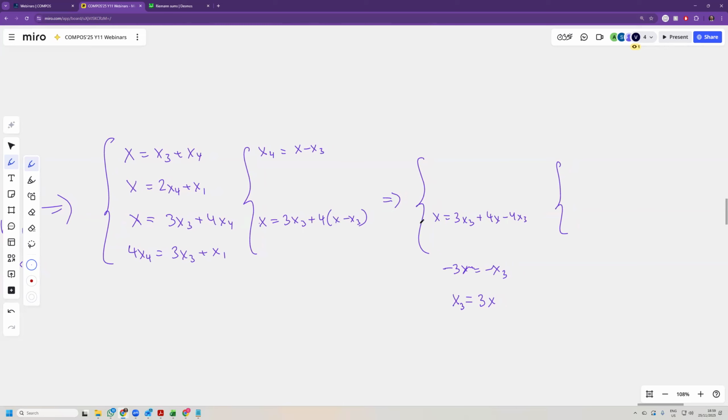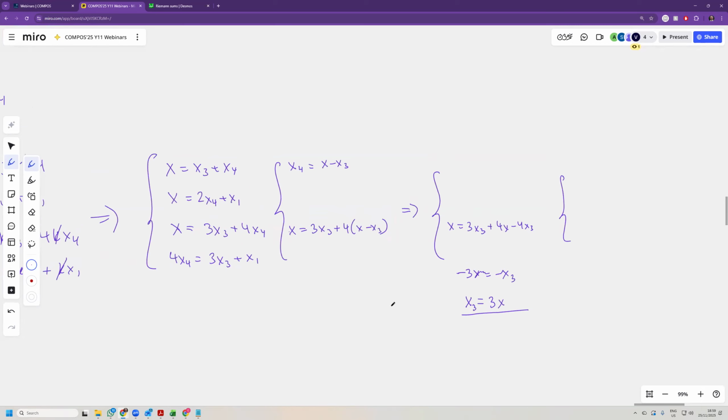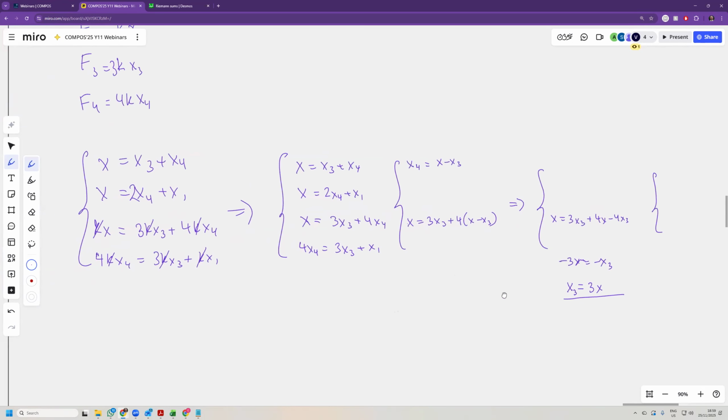I can't find a mistake. I mean, this is nonsense because x3 cannot be 3x.